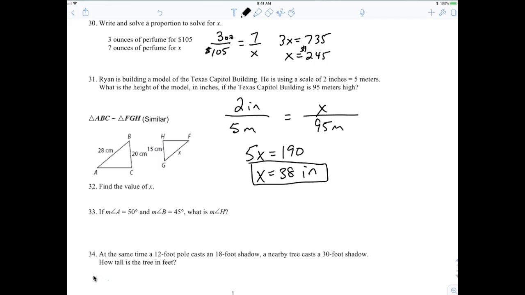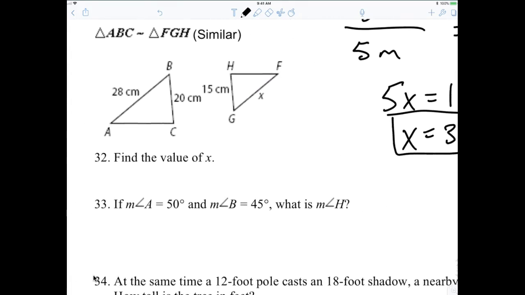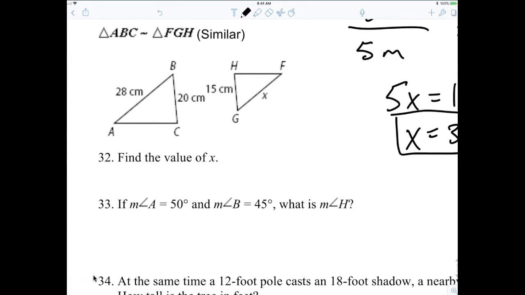Now, they got it right this time. ABC is similar to FGH. Notice that's the symbol for similar. So what is X? Now, hold on a second. I want to just verify this real quick. AB corresponds to what, guys? To FG. Look up and see what I did. AB corresponds to FG.